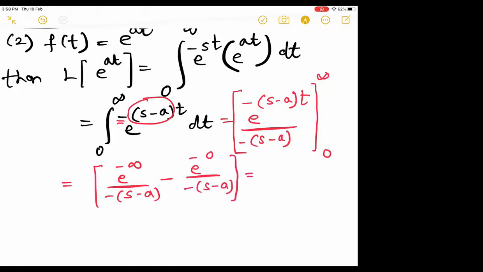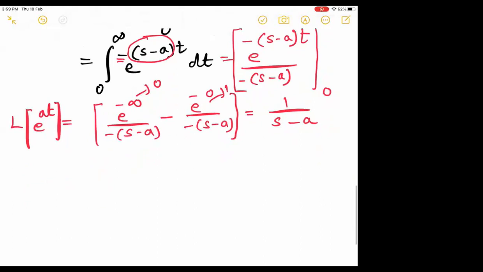And once again, e raised to 0 is 1, e raised to minus infinity is 0. So your answer will come out as minus of minus, plus 1 upon s minus a. Followed? Yes, madam. So the answer for Laplace transform of e raised to at will become 1 upon s minus a.